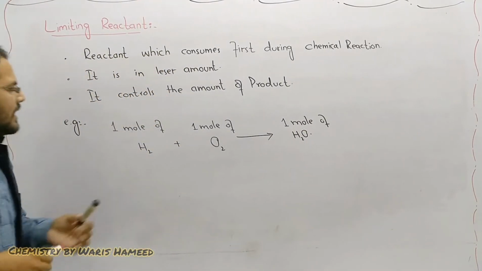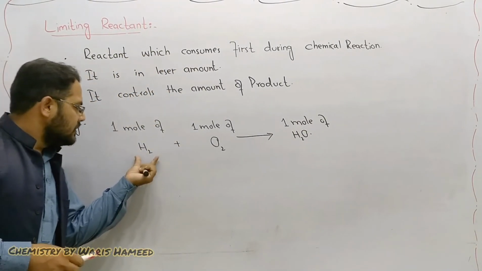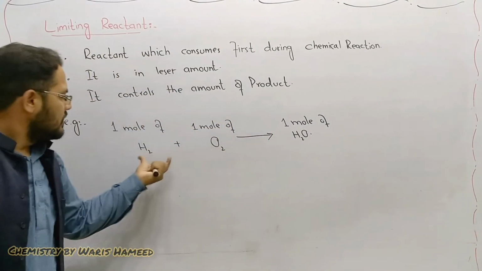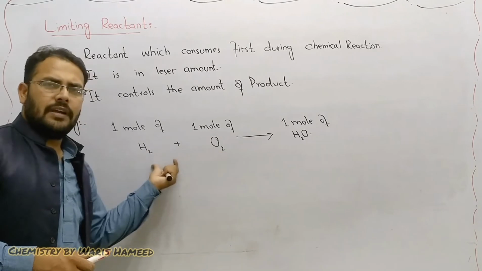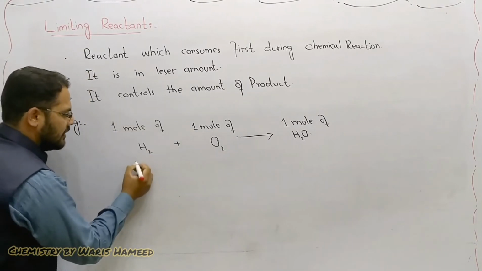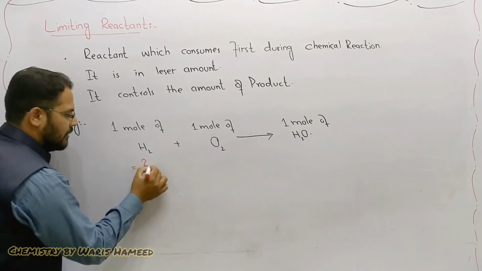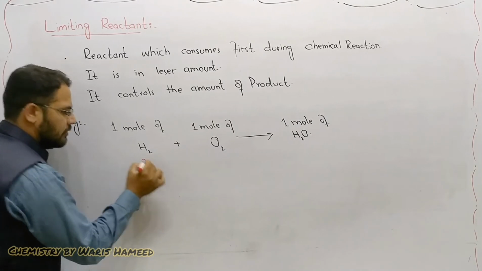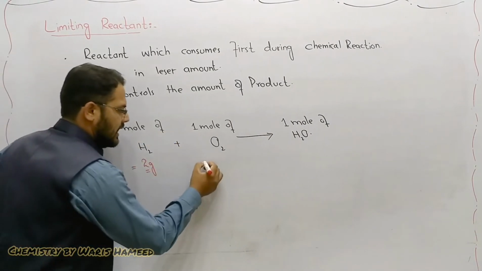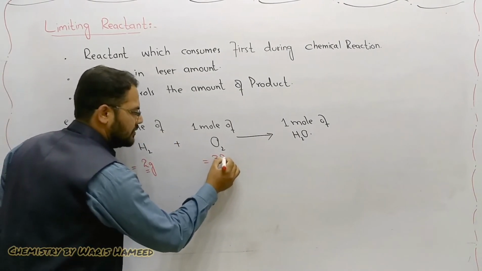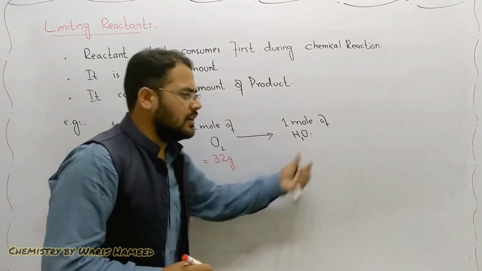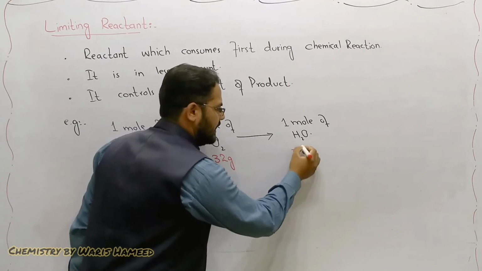Now, if I write the amounts in grams, then you can analyze which of the reactants is the limiting reactant. 1 mole of hydrogen is equal to 2 grams, 1 mole of oxygen is equal to 32 grams, and 1 mole of water is equal to 18 grams.